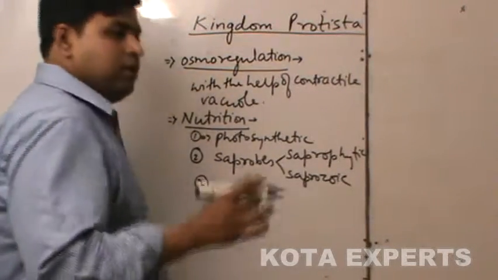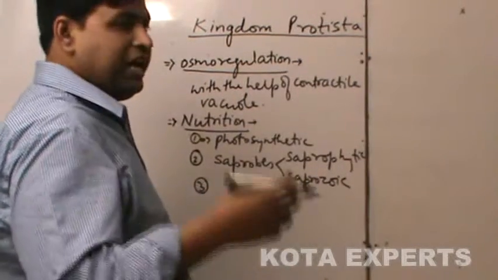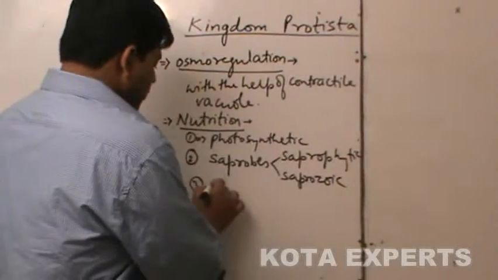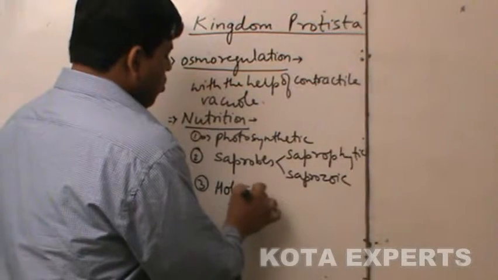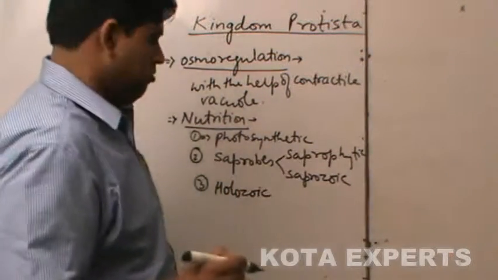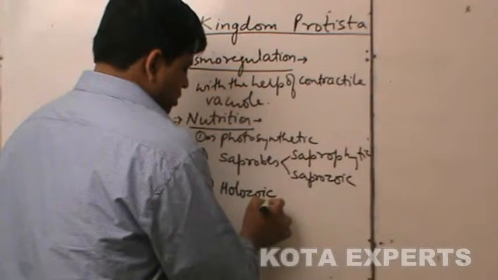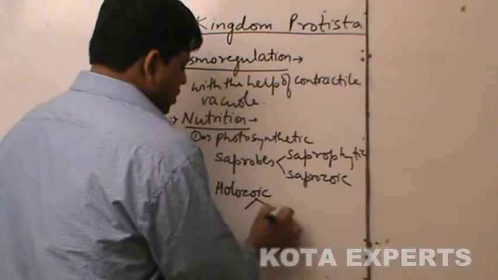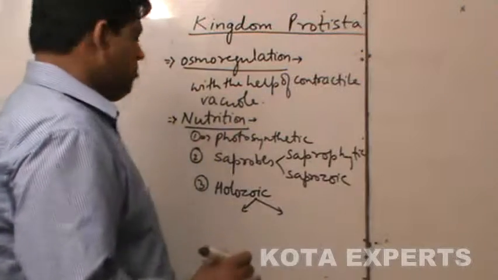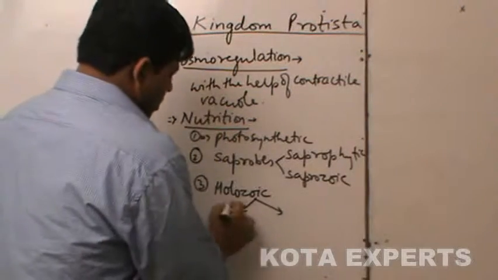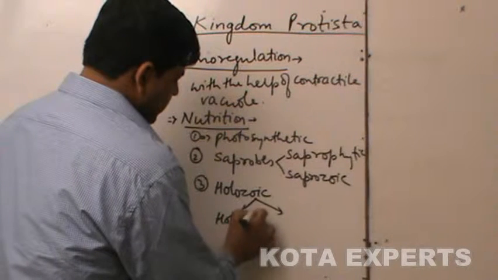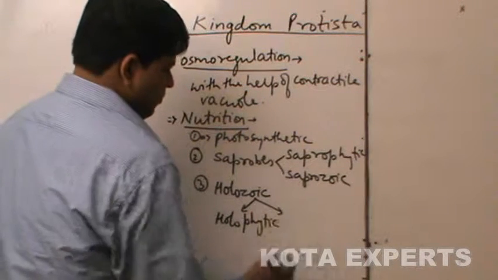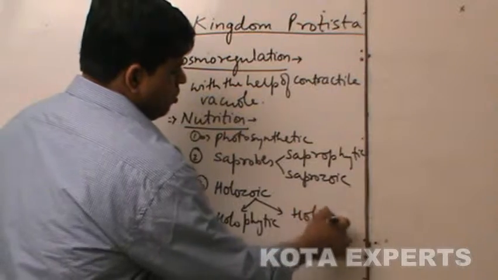And when they absorb or engulf a whole plant or animal, this type is known as holozoic nutrition. This again can be differentiated into two types: number one, holophytic, and holozoic.